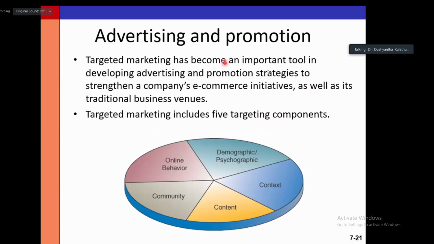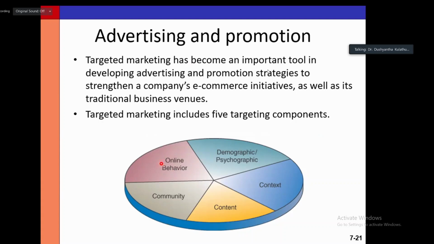So that can be used to strengthen the e-commerce initiatives as well as other traditional business venues or transactions also. And targeted marketing includes 5 targeting components. So when it comes to targeted marketing, it can include 5 components as highlighted here.